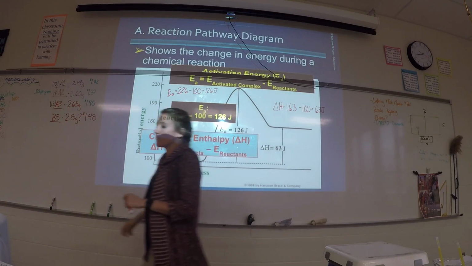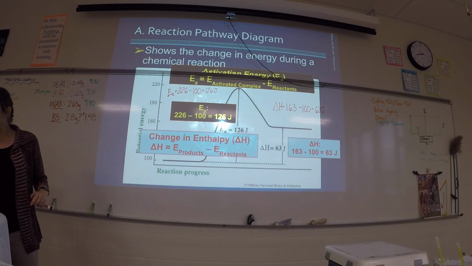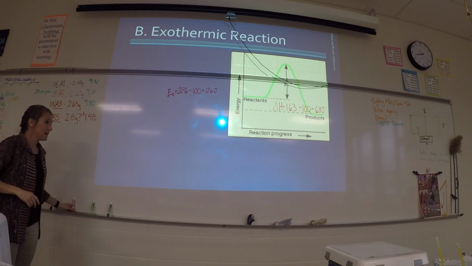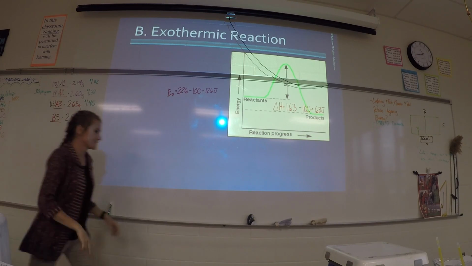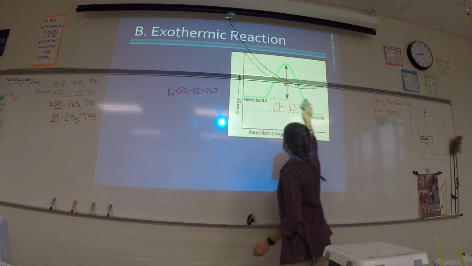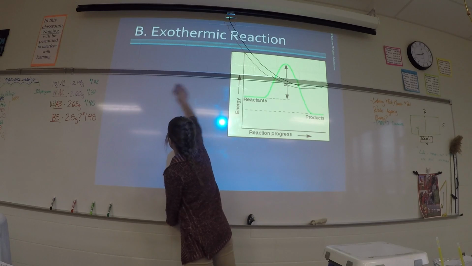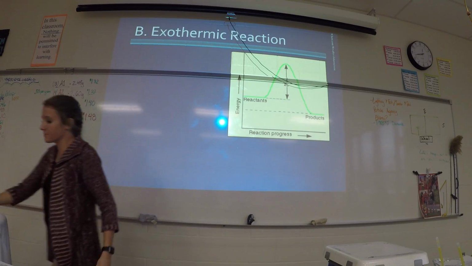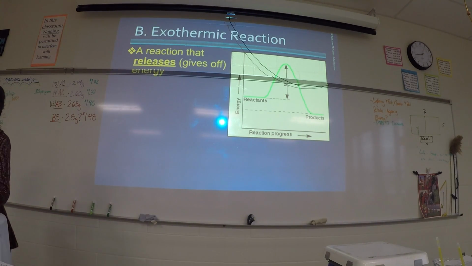All right, the next thing we're going to talk about is classifying reactions in two different ways. We have what are known as exothermic reactions and endothermic reactions. An exothermic reaction is a reaction that releases or gives off energy.